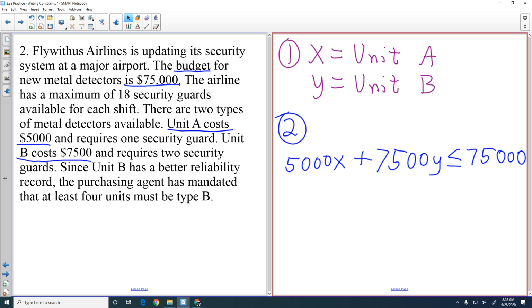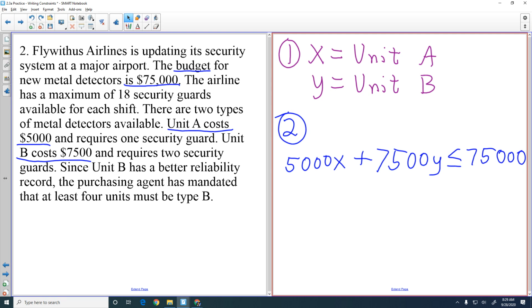So that's one constraint, the money that we have available. So when I'm buying these two types of metal detectors for the airport, that total cost can't be more than $75,000. So it's got to be less than or equal. So that is one constraint, definitely, that determines how many of these we can buy.